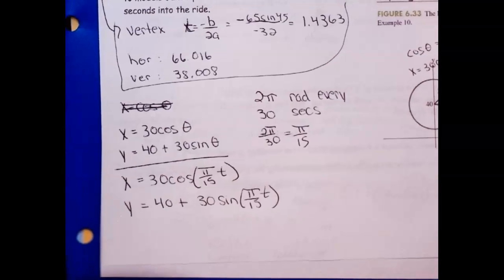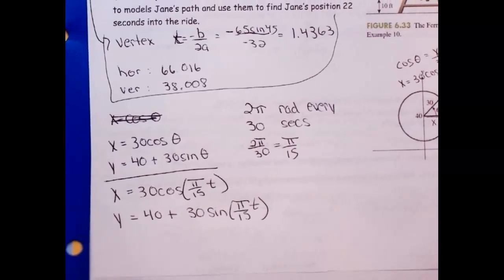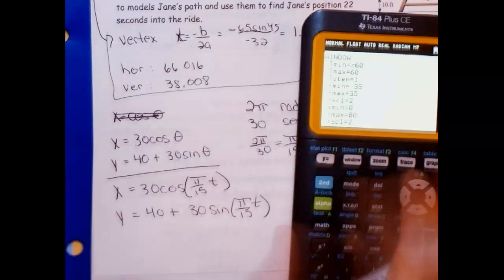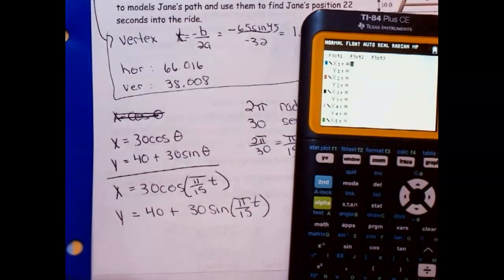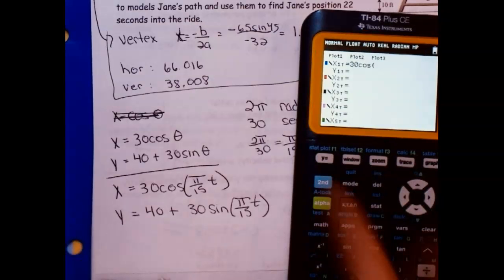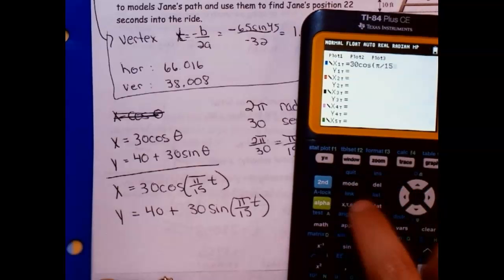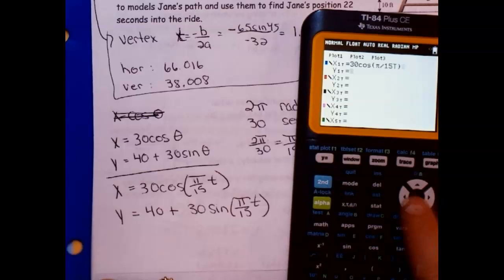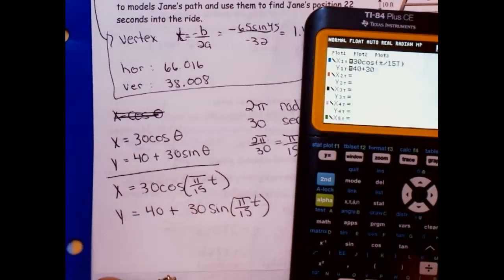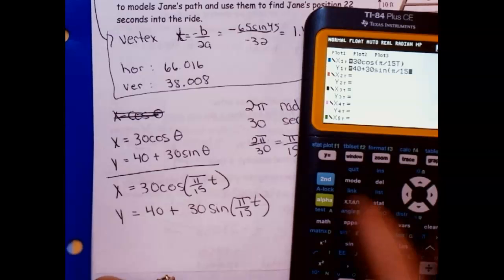In this particular one, we don't have to graph it. All they want to know is find Jane's position 22 seconds into the ride. So we could take the 22 and plug it in there, or if we wanted to, we could set these up as parametric equations in our calculator, just to get that practice. So let's clear out both of those equations. We've got 30 cosine of pi divided by 15 times the time, and 40 plus 30 sine of pi divided by 15 times the time.